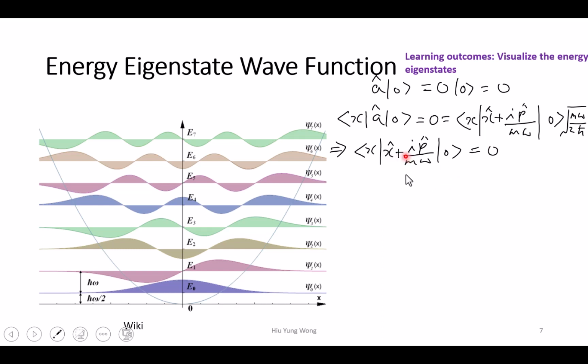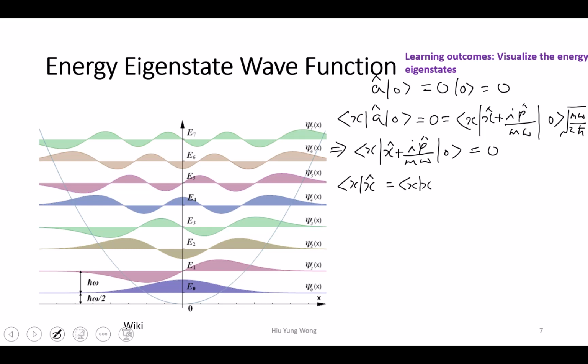Okay? Now, this is a two-operator expression. I can do it separately. What is X hat applied to X? X hat, I'm talking about this. X hat applied to X. What is this? It's little x times X, right? Because X is the eigenvector of X hat, the location eigenvector. So you get this.